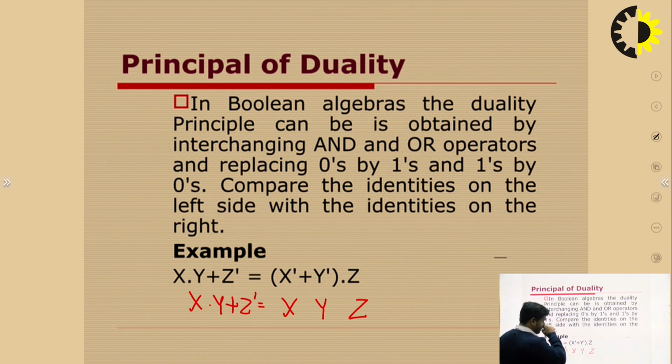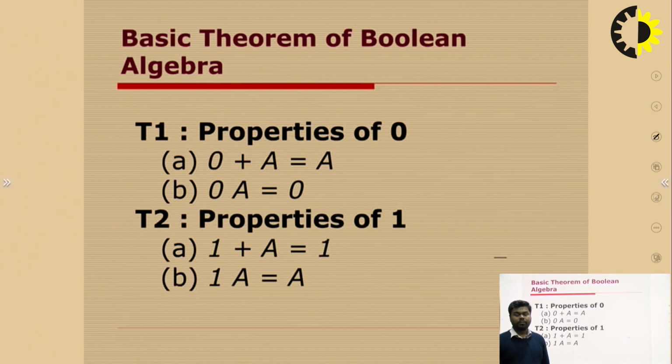Now we are changing the complements also, so z dash changes to z. Now dot is changed to plus, and plus is changed to dot. This is the principle of duality. We are changing the signs or complements.